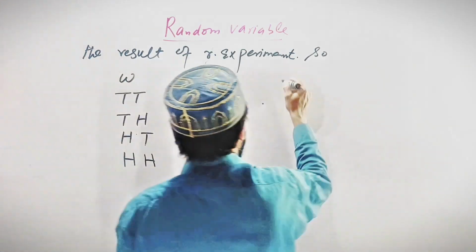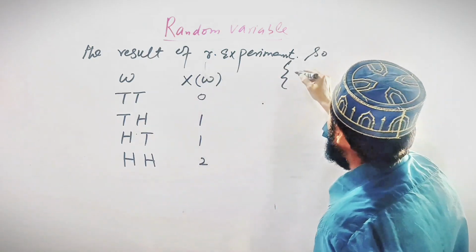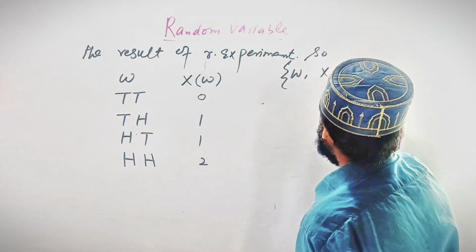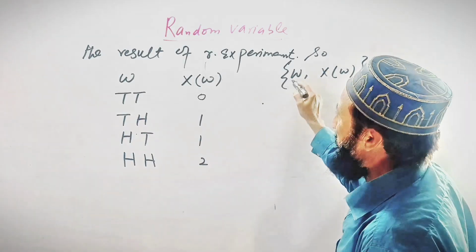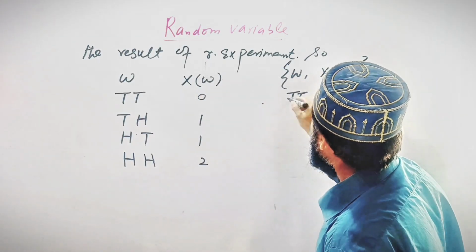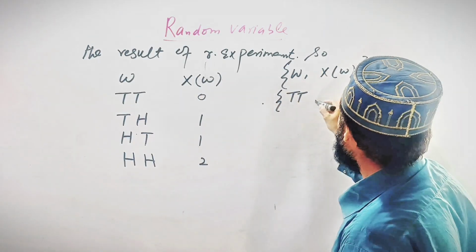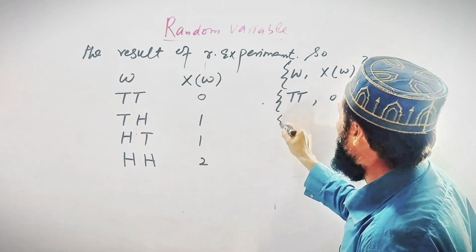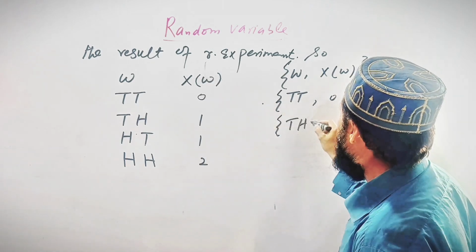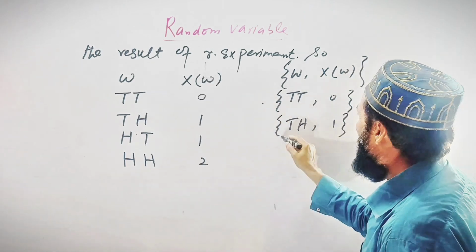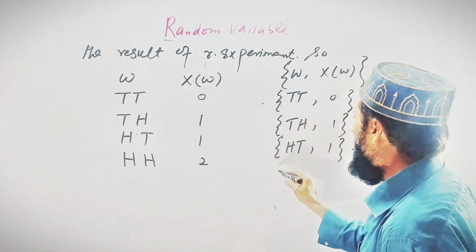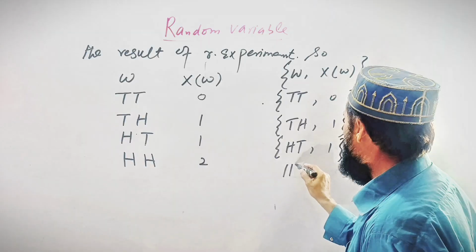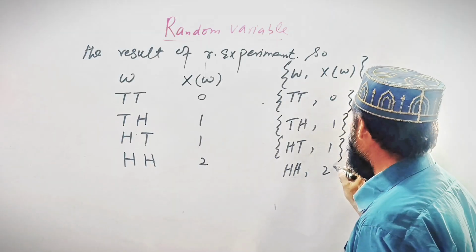Now this function we can write in the form of X and W. Here W gives the result TT and the result is 0. Similarly, TH and the result is 1. Again, HT the result is 1, and HH the result is 2.